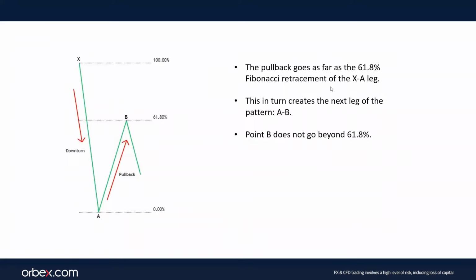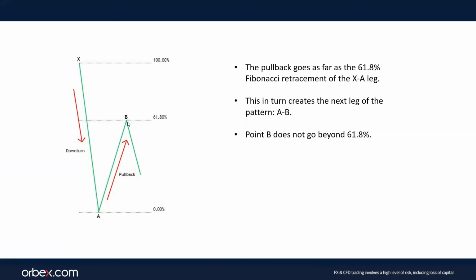The pullback goes as far as the 61.8 Fibonacci retracement of the XA leg. So what does that actually mean? We take a Fibonacci retracement, going from 100% here and dragging it down to 0% on the A. In between that, we get the 61.8 golden ratio of the Fibonacci. The A to B leg will roughly go about 61.8.